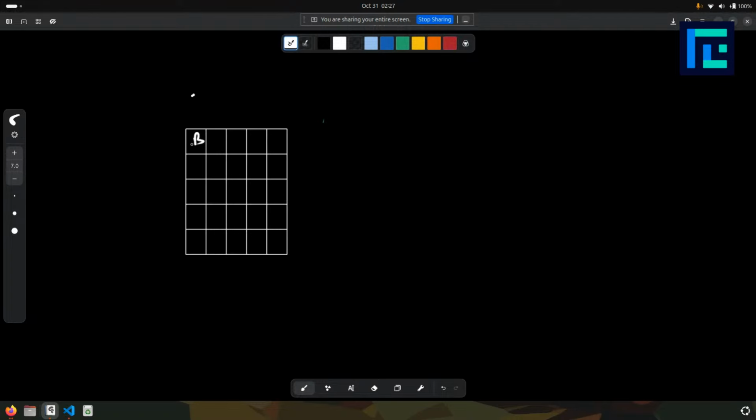Using this cell, what other cells can I connect to? Basically, if this cell is black, the next cell that I can connect to is either this or this. So let's just do this. If I color this cell as black, then I have only one option. I have to color this cell. Now again I could have colored this cell, but let's move on to this side. If we follow this, we can color like this.